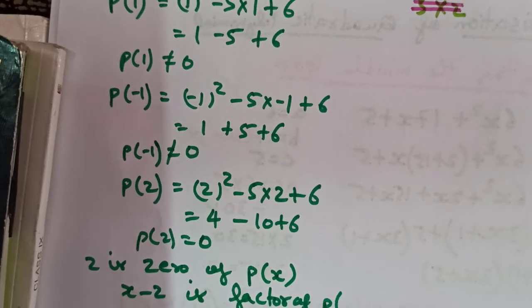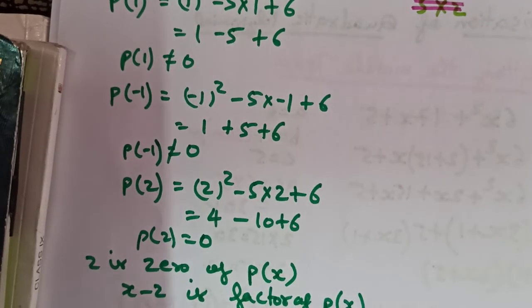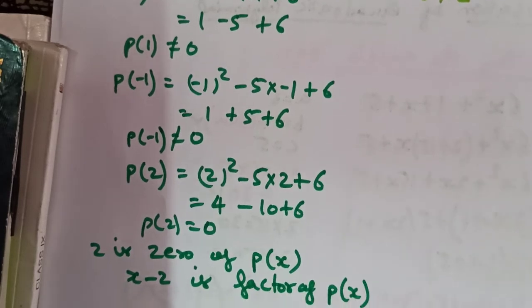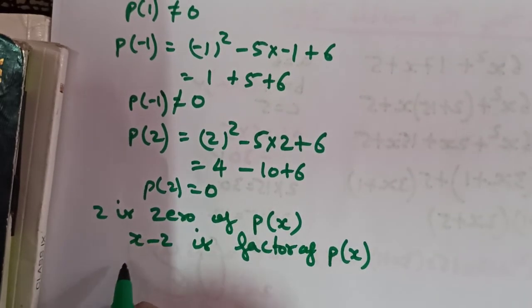the polynomial. Remember, I have told you that if we have calculated the zero of the polynomial, that is if we have calculated the value of a, then x minus a is the factor of the given polynomial. So we have got the first factor as x minus 2. Similarly, we can find out the second factor also. Let's check for the value of x as 3.